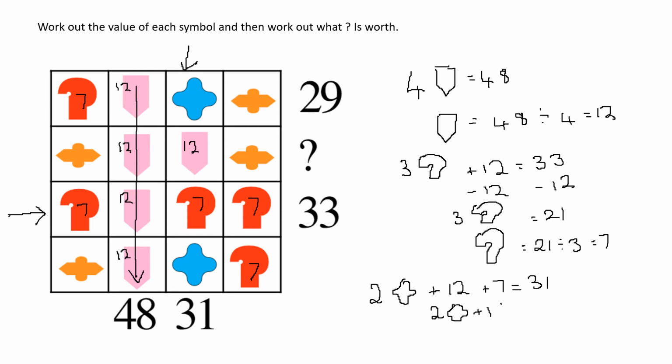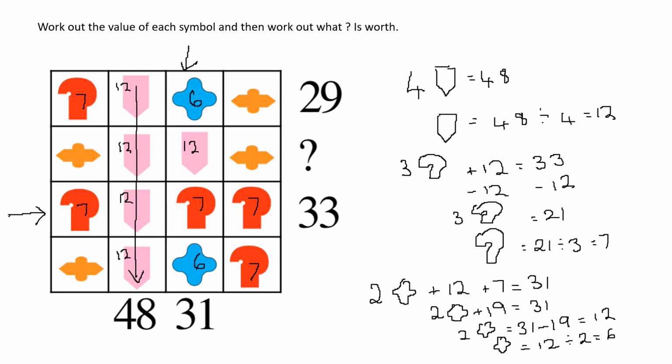So 2 of those plus 19 is equal to 31. So 2 of those is equal to 31 take away 19, which is 12. So 1 will be equal to 12 divided by 2, which is 6. So now I'm going to mark all of those as worth 6.